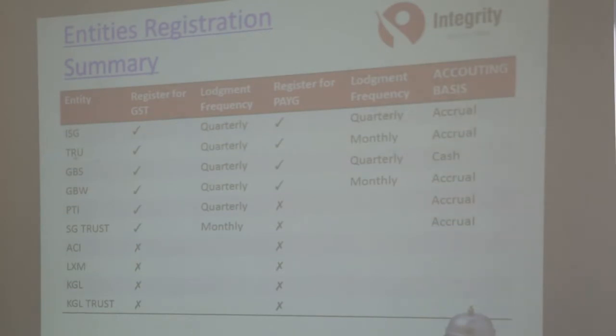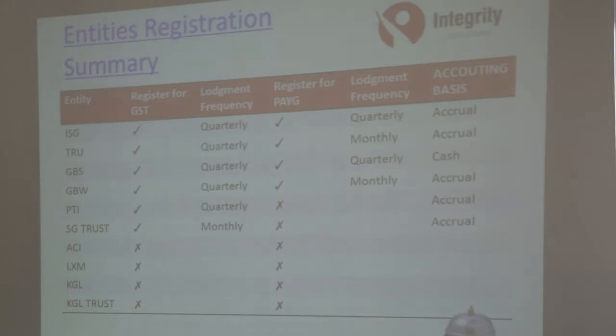For example, usually the GST and the PAYG wage lodgement are the same terms, but for Trueline, this one is a little bit special. GST we lodge quarterly, and PAYG wage we lodge monthly. So when we run reports, we need to pay attention to the period that you selected.